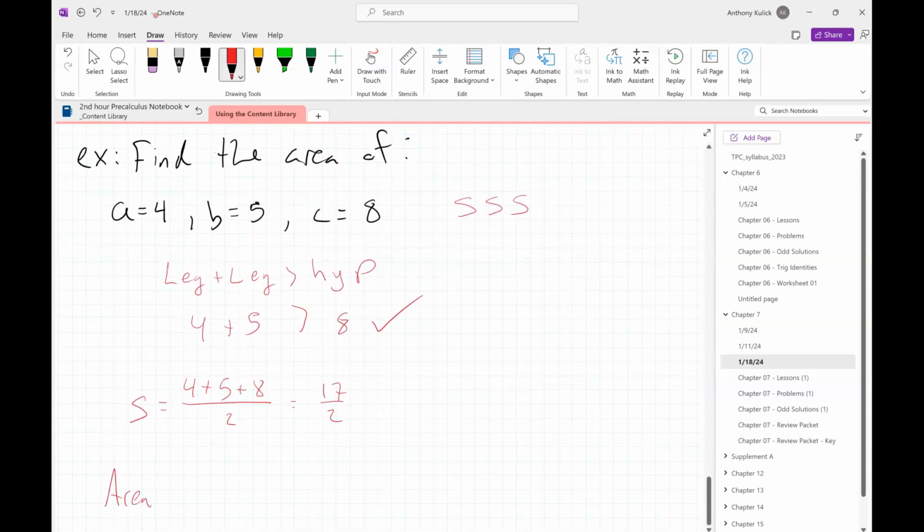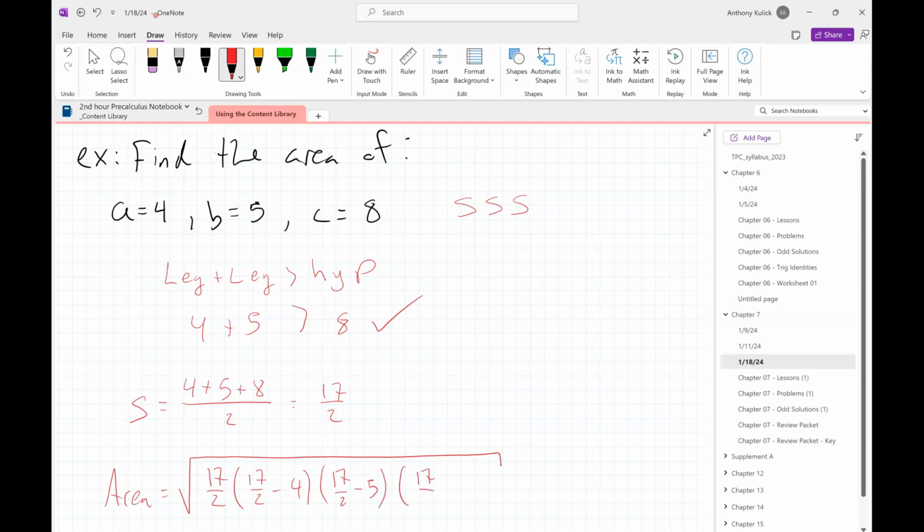So my area then will be the square root of 17 over 2 times 17 over 2 minus 4 times 17 over 2 minus 5 times 17 over 2 minus 8.